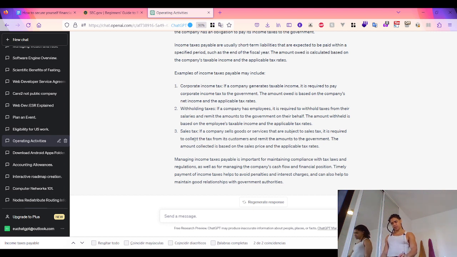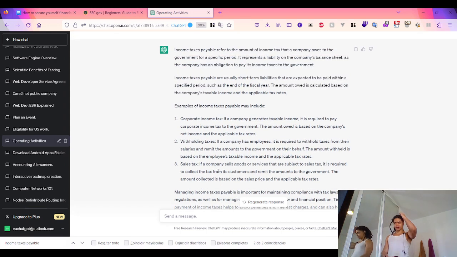Timely payment of income taxes helps to avoid penalties and interest charges, and can also help maintain a good relationship with the government authority. So this is income taxes payable. It's money that you owe to the government for a short period of time, and when they mean short term, it's a year or less.